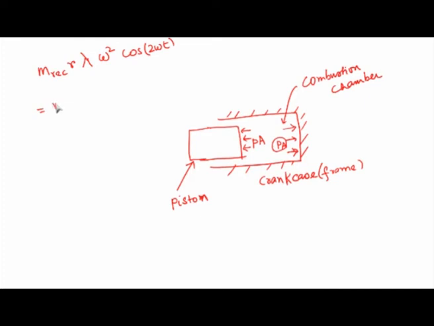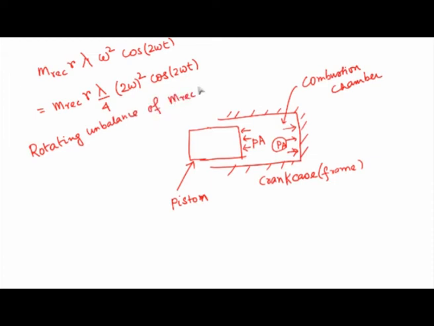So I can write it as m rec r lambda by 4 times 2 omega whole square cos of 2 omega t. So this effectively means a rotating unbalance of m rec r times lambda by 4 rotating at 2 omega.